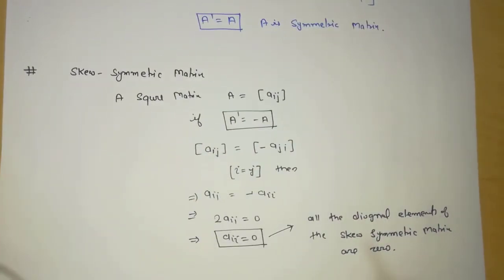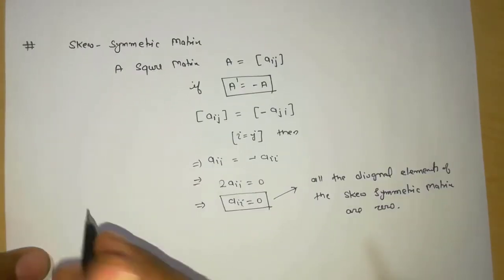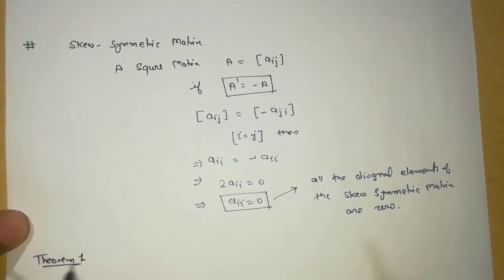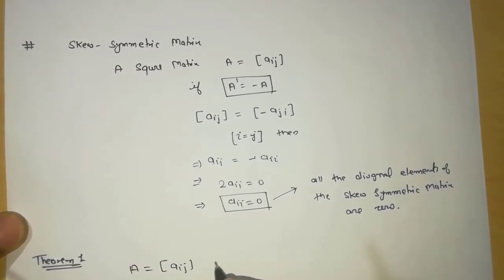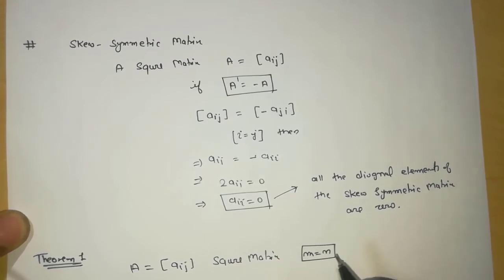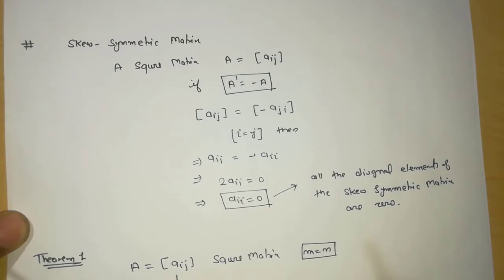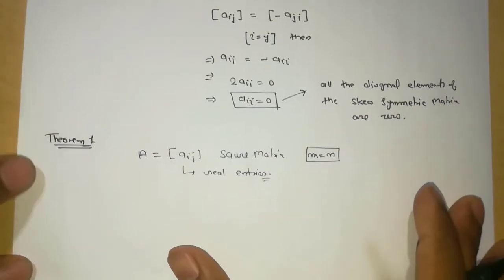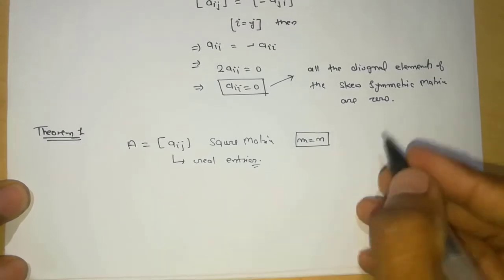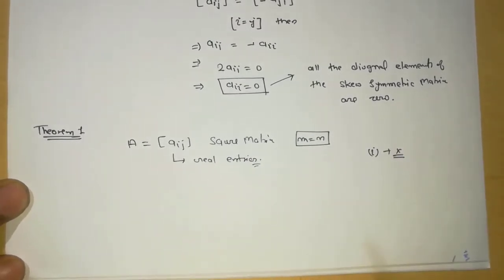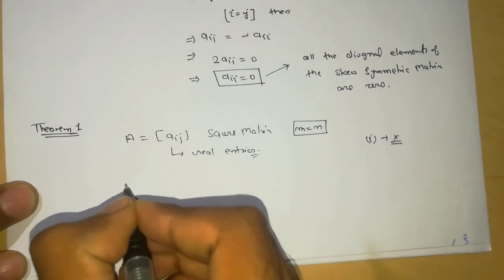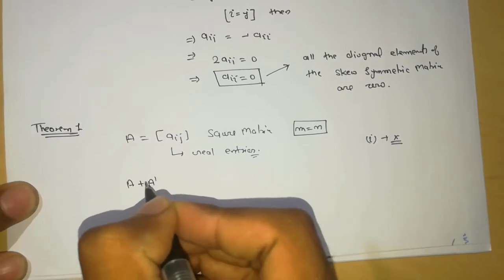Now we have two theorems. The first theorem says that for any square matrix, let's suppose an example Aij, a square matrix of order n by n, with real number entries, meaning it does not contain imaginary numbers like iota, the sum of matrix A plus the transpose of the matrix A dash is a symmetric matrix.